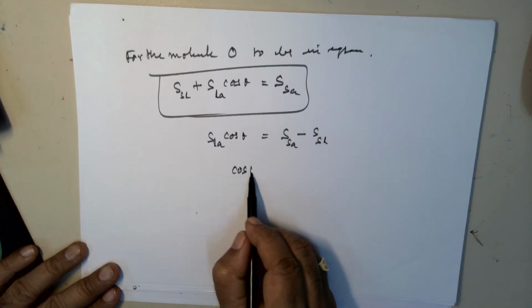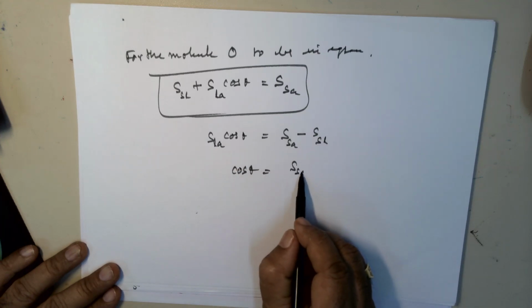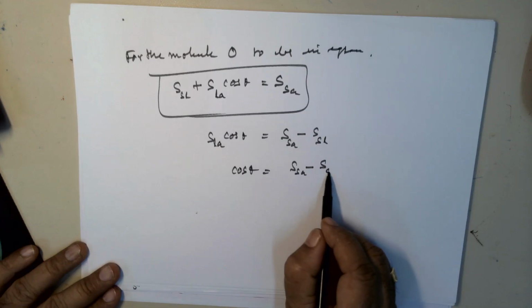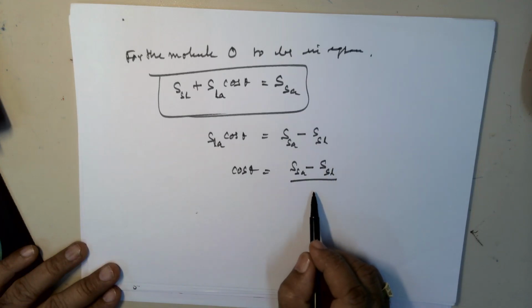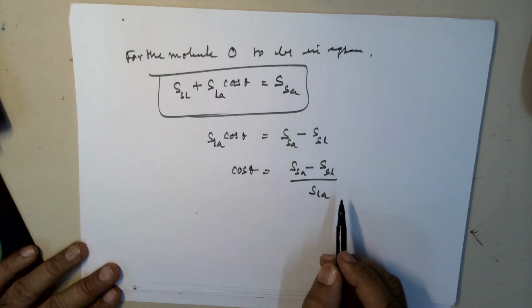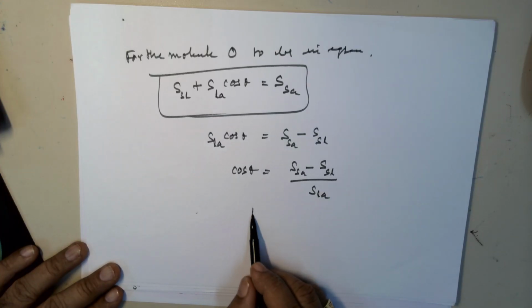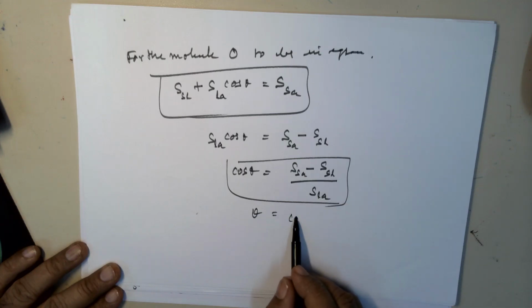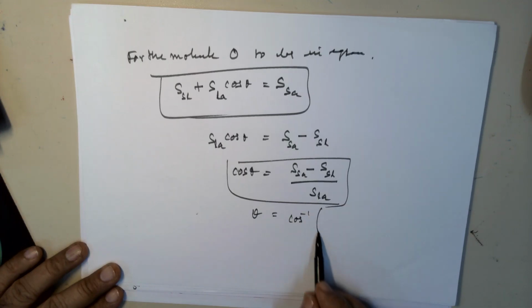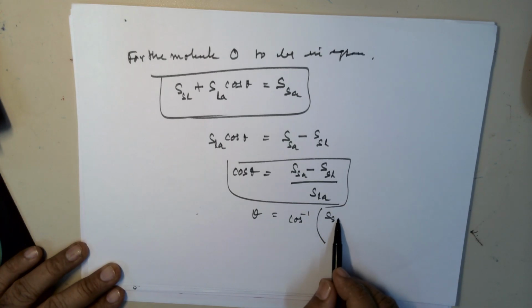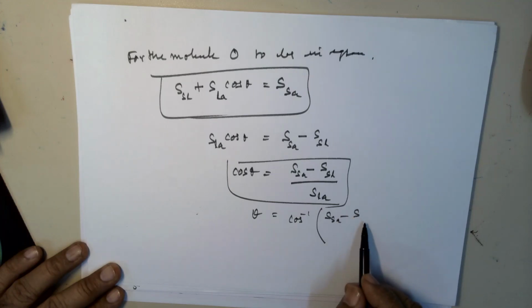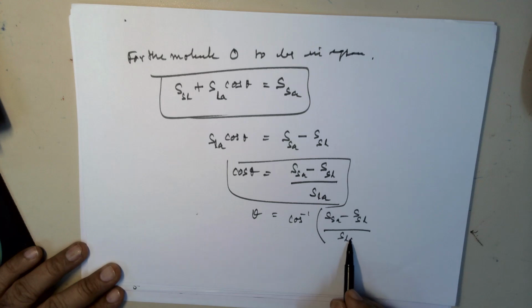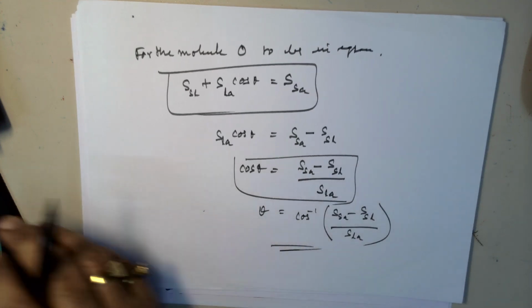Therefore, cos theta is equal to SSA minus SSL divided by SLA. And if you want to find theta, then theta is the cos inverse of SSA minus SSL divided by SLA. Okay, so take down this.